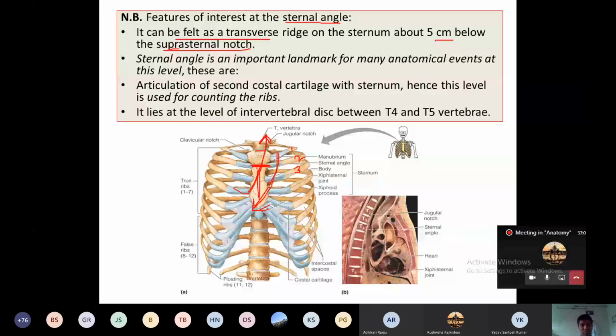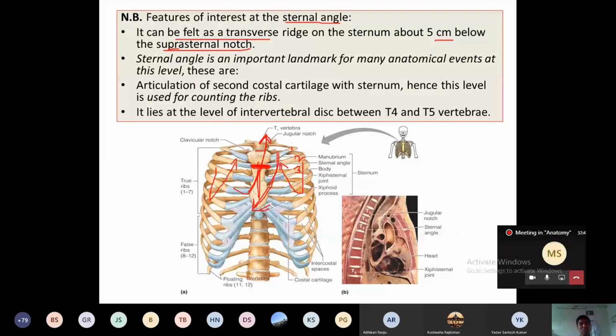So this body is moving, and because of this respiratory movement there is formation of a joint here. This is the manubriosternal joint, and because of this continuous movement there is formation of this transverse ridge. So this is produced by the movements of the body of the sternum, and the body of the sternum is moving because of the movement of the ribs during respiration.